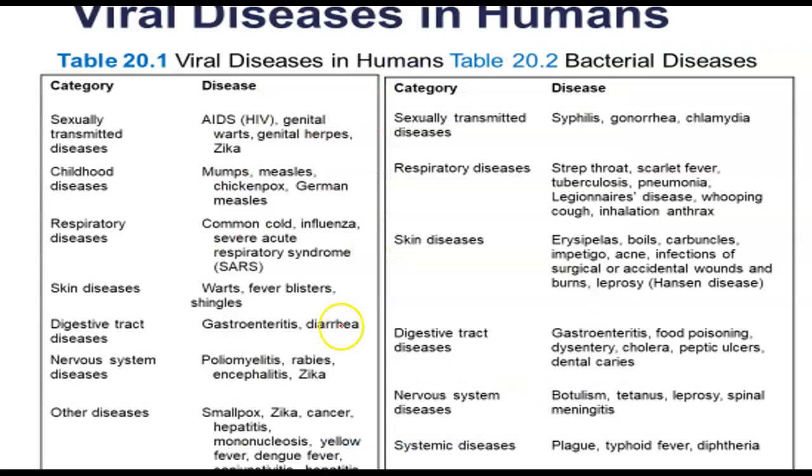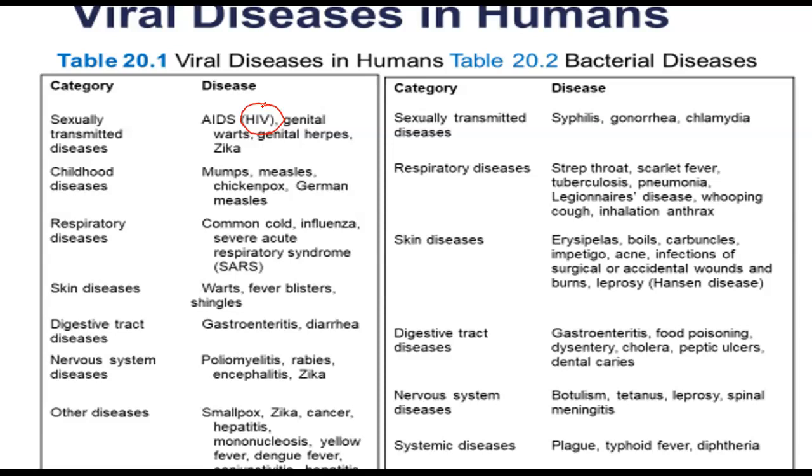Now, the only other thing I want to mention to you in this introduction is that I don't expect you to know all the examples of viruses by heart or all the examples of bacterial diseases by heart. But I would expect if I were to just say HIV, is that viral or is that bacterial? That you know it's viral.